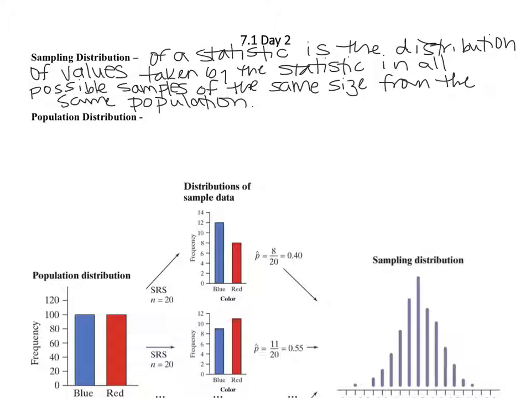The population distribution gives the values of the variable for all individuals in the population.